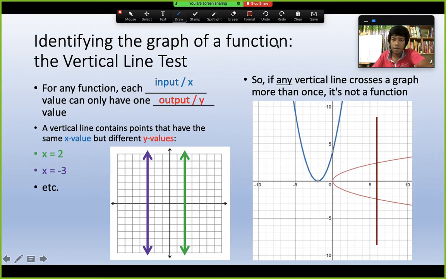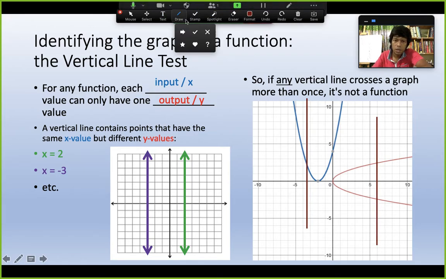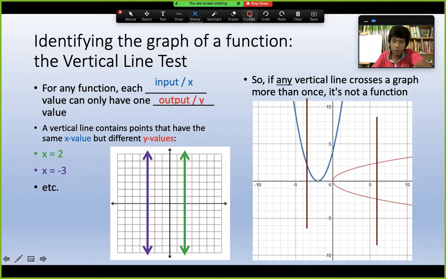If your line intersects the graph at two different points, here one point, here another point, then it is not a function graph. Two or more, then it is not a function graph.